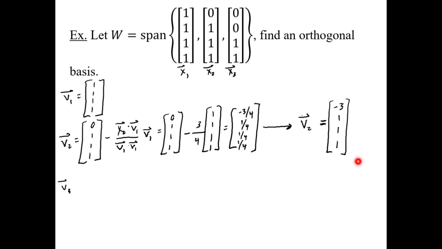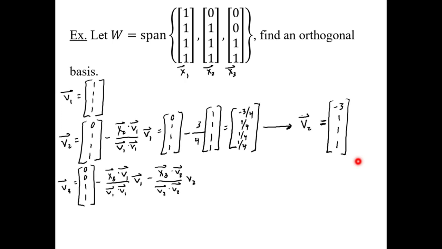All right, v3 is equal to x3 minus x3.v1 over v1.v1 times v1 minus x3.v2 over v2.v2 times v2.